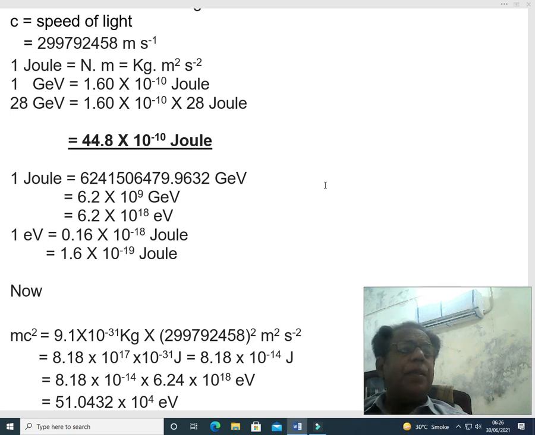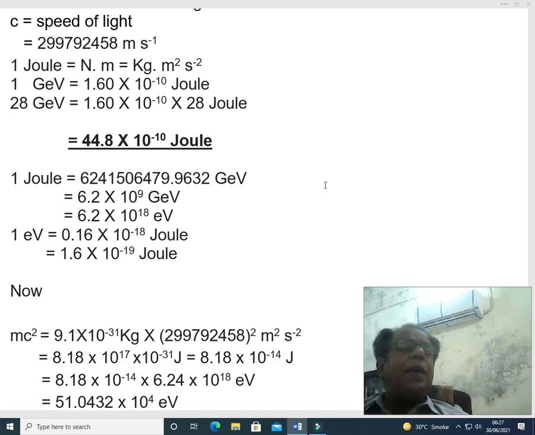When 1 giga electron volt is equal to 1.60 into 10 raised to the power minus 10 joule, then 1 joule will be equal to 1 over 1.60 into 10 raised to the power plus 10 giga electron volt.